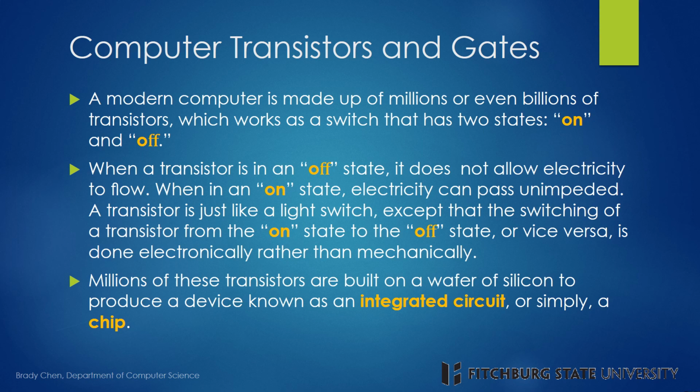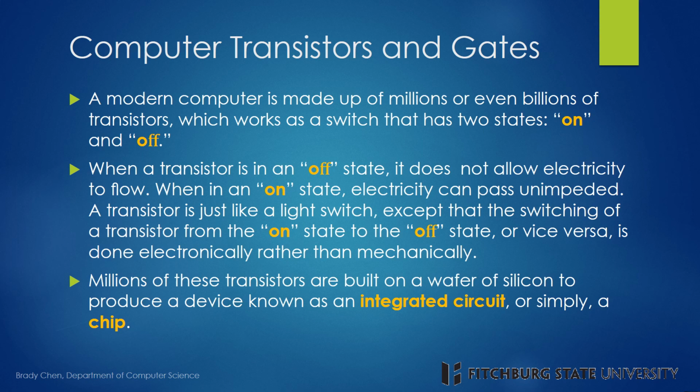Okay, so a modern computer is made up of millions or even billions of transistors. If you look at a small chip, it looks very small, but there are billions of transistors built in this silicon component.